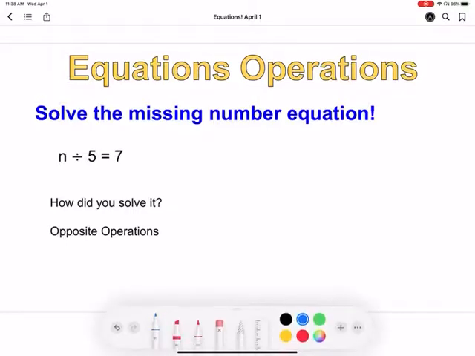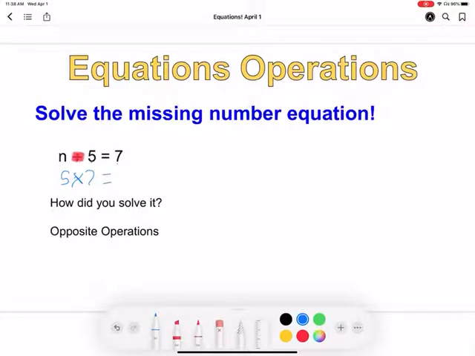Again, similar idea. This time we have n divided by 5 equals 7. Now again, I'm looking at a symbol here of division. I need to do the opposite. Well, that would mean I'm going to do multiplication. So I'm going to use these two numbers here, 5 times 7. Doesn't matter which order, just as long as I do them.